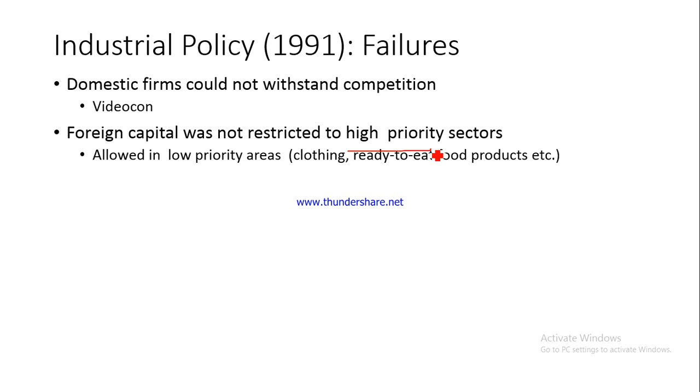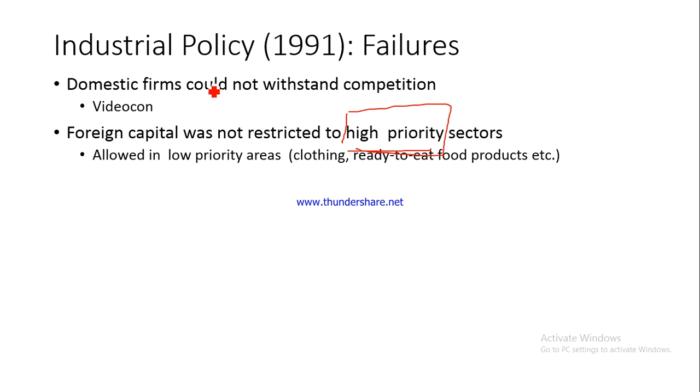The provision in Industrial Policy 1991 was to allow foreign capital, but only in high priority sectors, because these were the sectors which were very, very important for the economy. And it was thought that if we allow foreign capital to participate in these sectors, they would develop, and ultimately this would secure the future of the Indian economy.